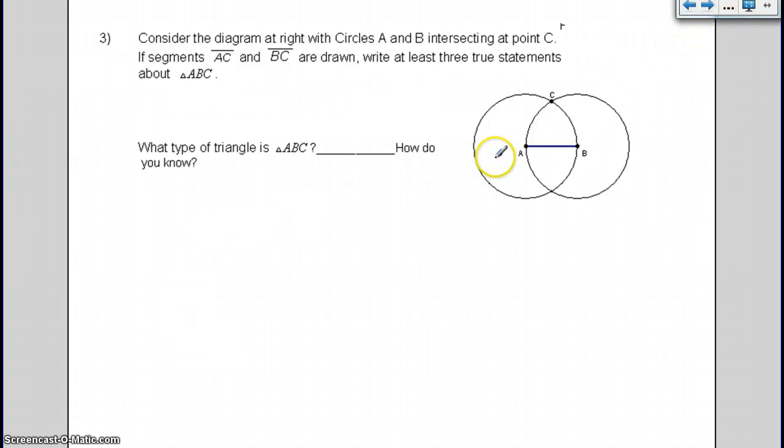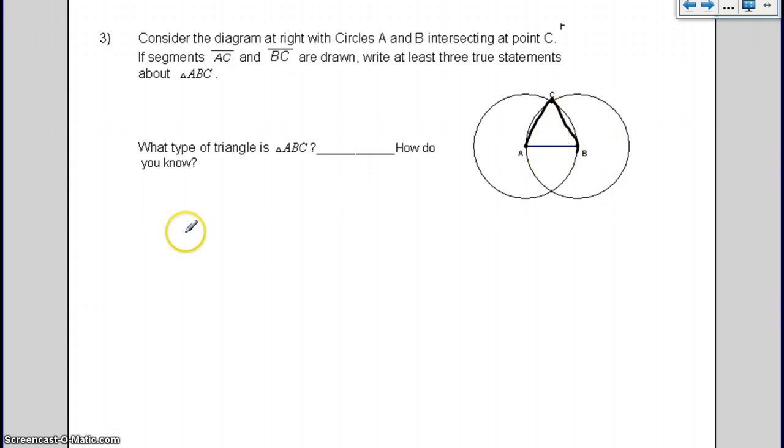Let's do another one. Consider a diagram of the right with circles A and B intersecting at point C. If segments AC and BC are drawn, write at least 3 true statements about triangle ABC.